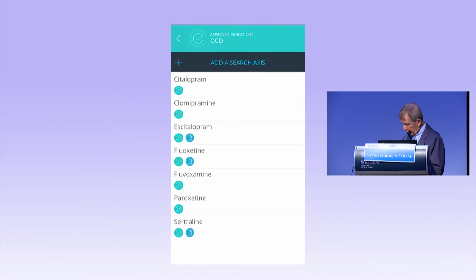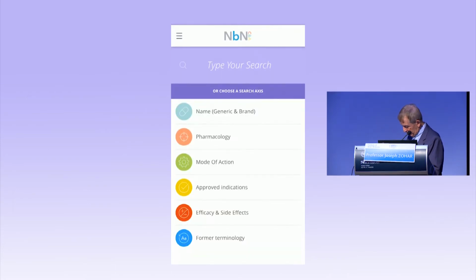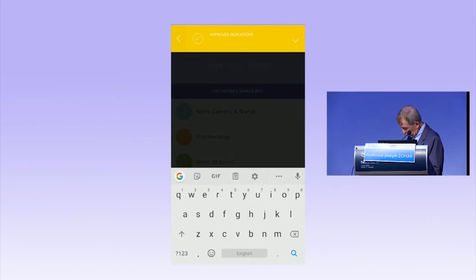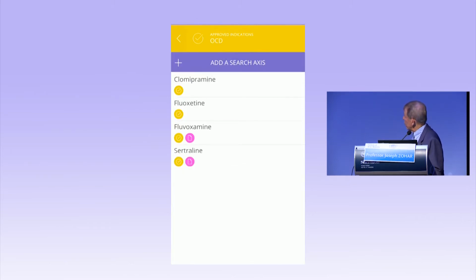If we would like to see the same in children, we are moving now to child and adolescent, and again we are pushing on approved indication there, and we see for children what the approved medications for OCD are. You see all these medications are approved for children. So you can know what is approved and what is not approved, and again you push on a medication.